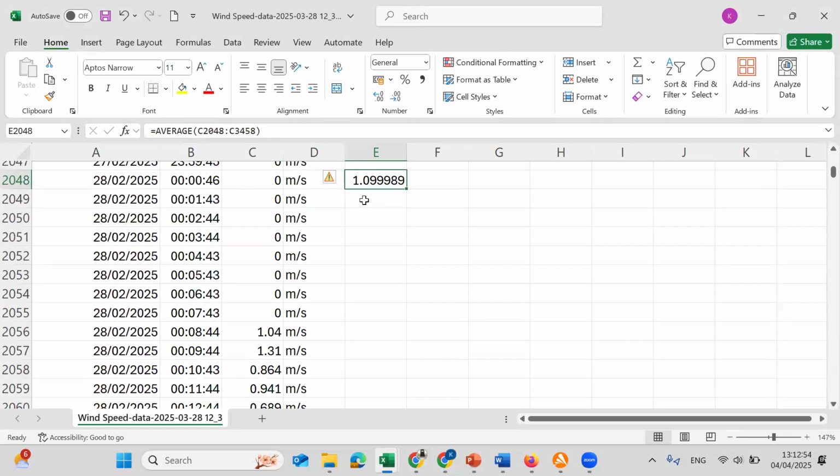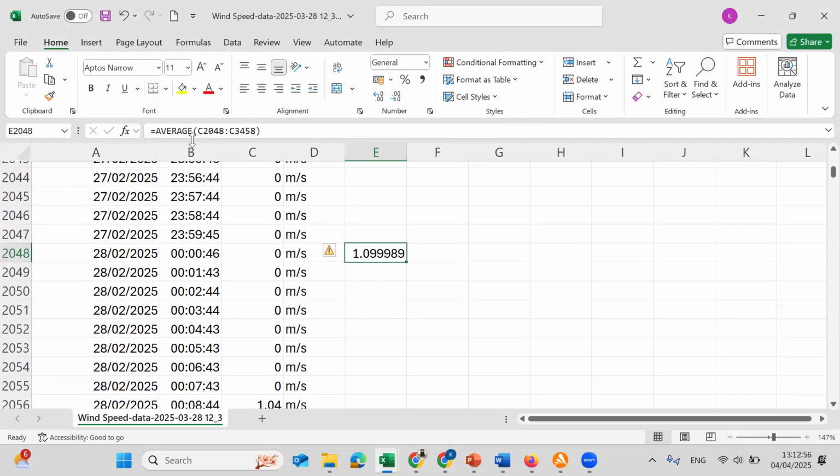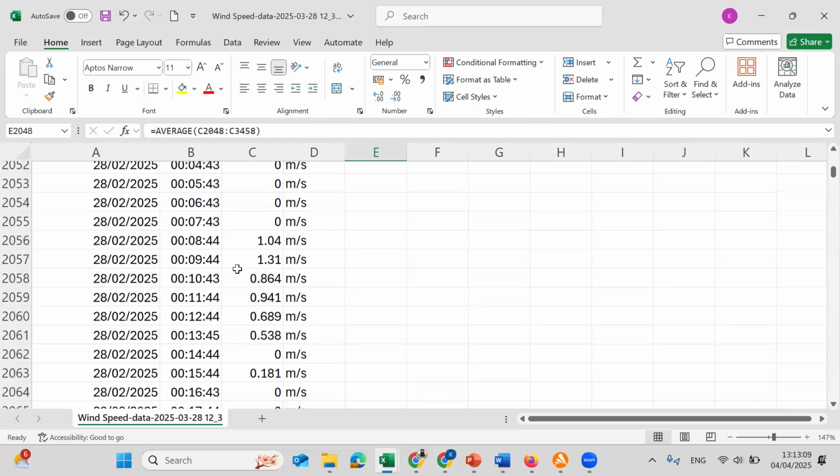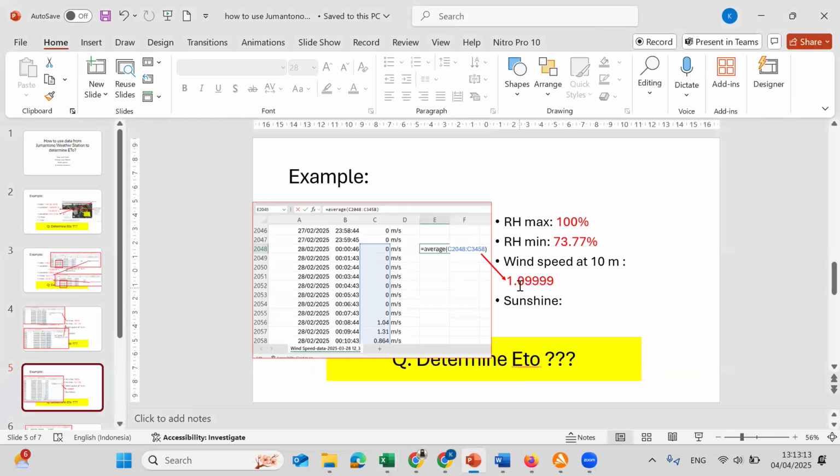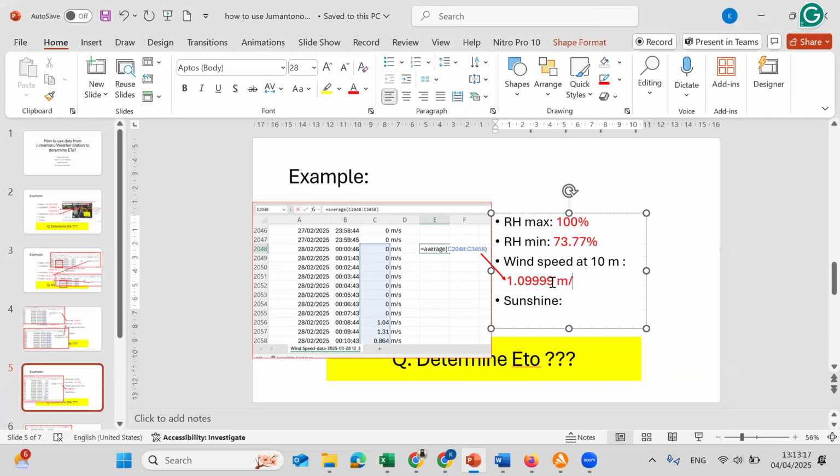So here you can use the average equation, average from 28 February 00 hours. You will get the average wind speed, put it here, 1.099. I think this is meters per second.